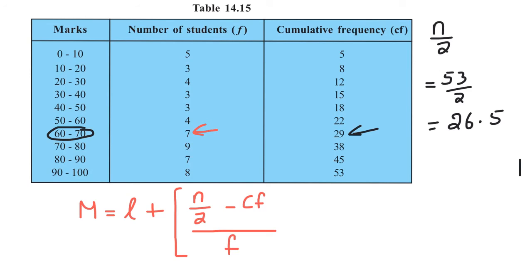So we know F, that is 7, times H. And H is the class size, assuming that the class size is equal. So what is the class size? 60 to 70, it is 10. So we know all the variables now. We need to plug it into the formula and find the answer. Let's do that.